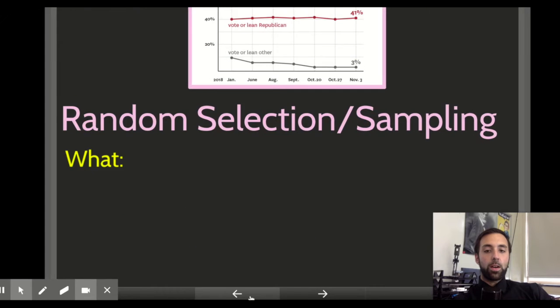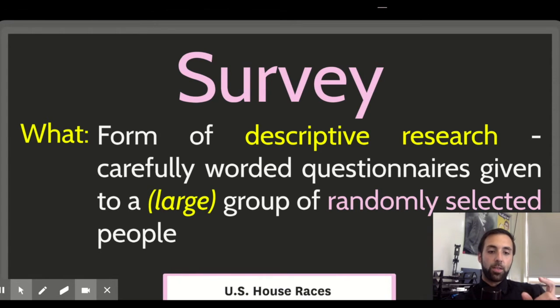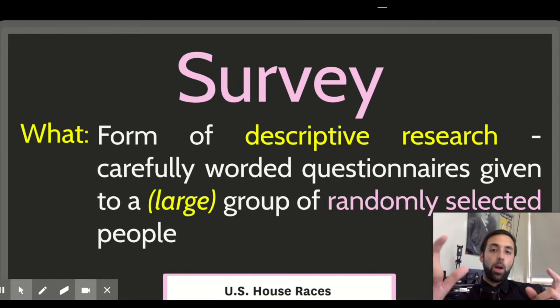Surveys are carefully worded questionnaires designed to be given to a randomly selected group of people. And the whole purpose of a survey is to give the survey to a smaller group of people with the intention of trying to get an understanding about how a large group of people feel. So, for example, if I were to survey Apponequet, I wouldn't necessarily have to ask all 800 students in order to get an understanding of eating habits at Apponequet.